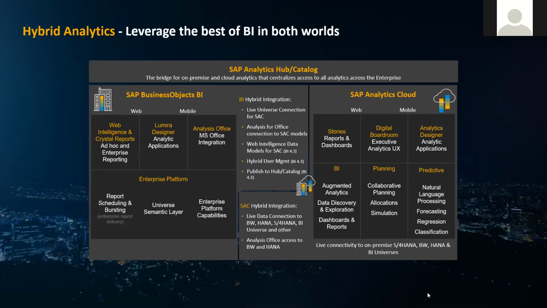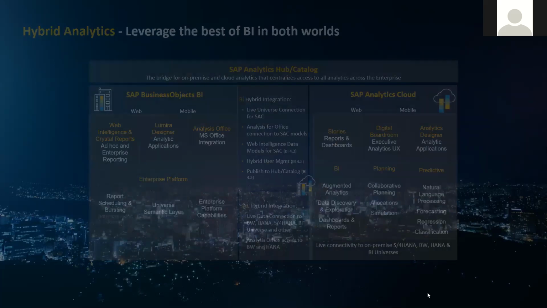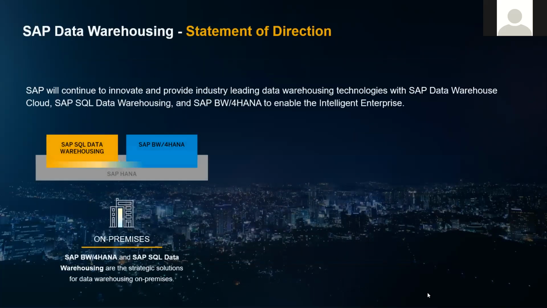All right, thank you. And now moving on to the data warehousing aspect. Our data warehousing strategy goes as follows. On-premise, we have our SAP BW/4HANA and our SAP SQL Data Warehousing, i.e. SAP HANA.